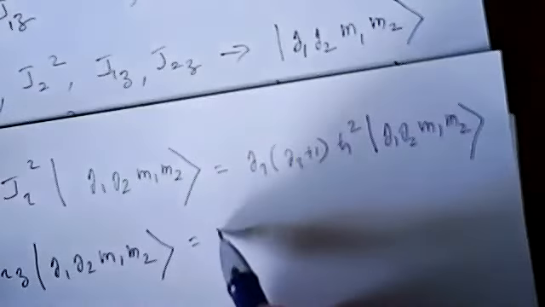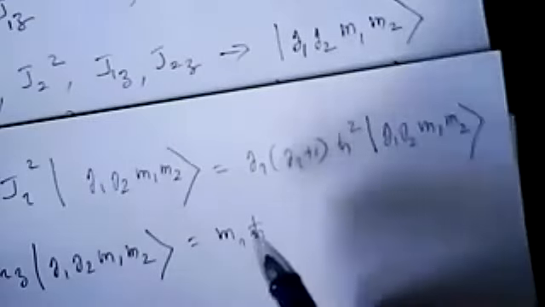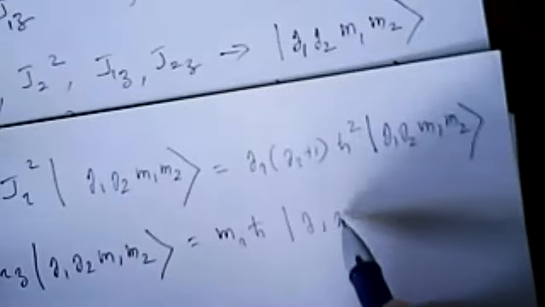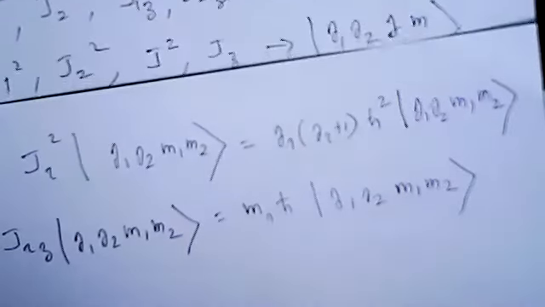Acting on this one, you get Mi ħ times |J1, J2, M1, M2⟩. Okay, so that also represents 2 eigenvalue equations.